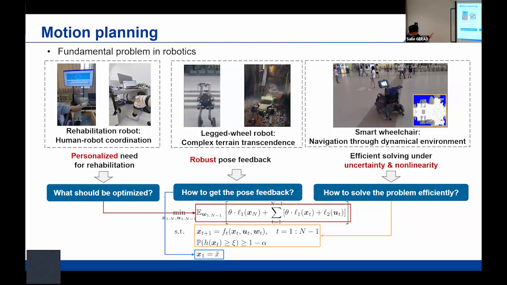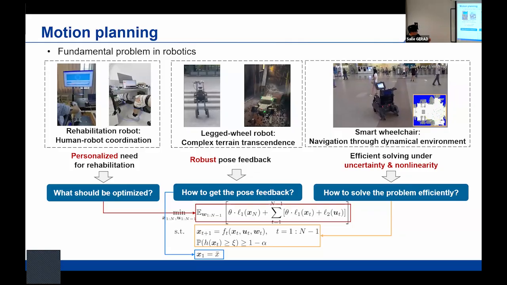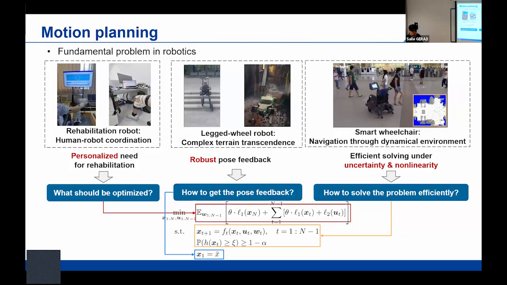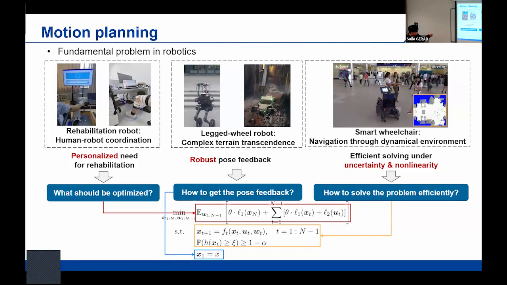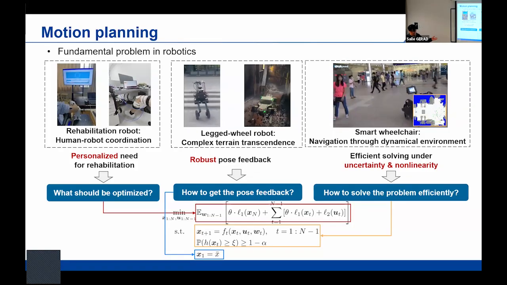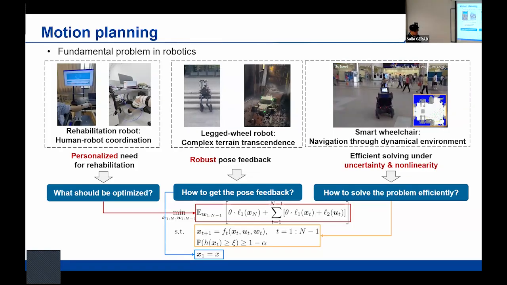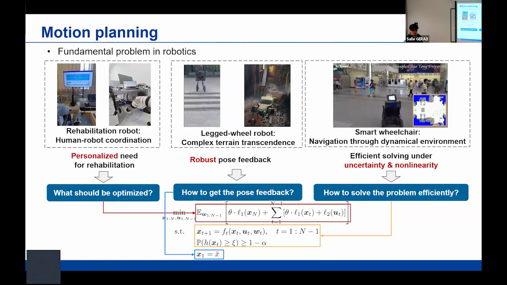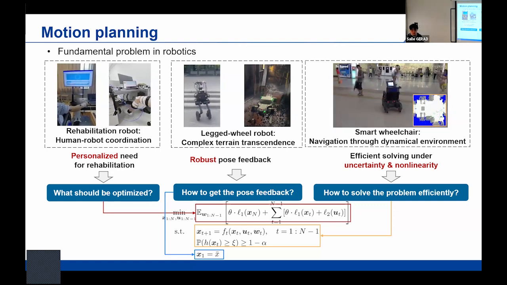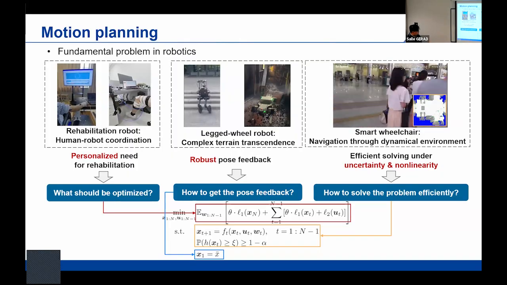So these three things require three different aspects of motion planning. The first one: what should be optimized? Namely, the objective function should change to suit the personal needs of the patients.